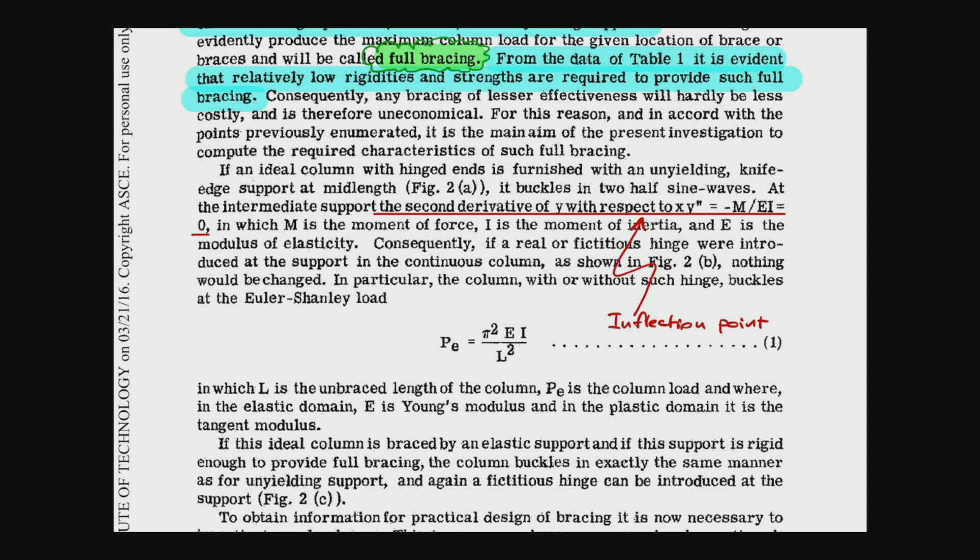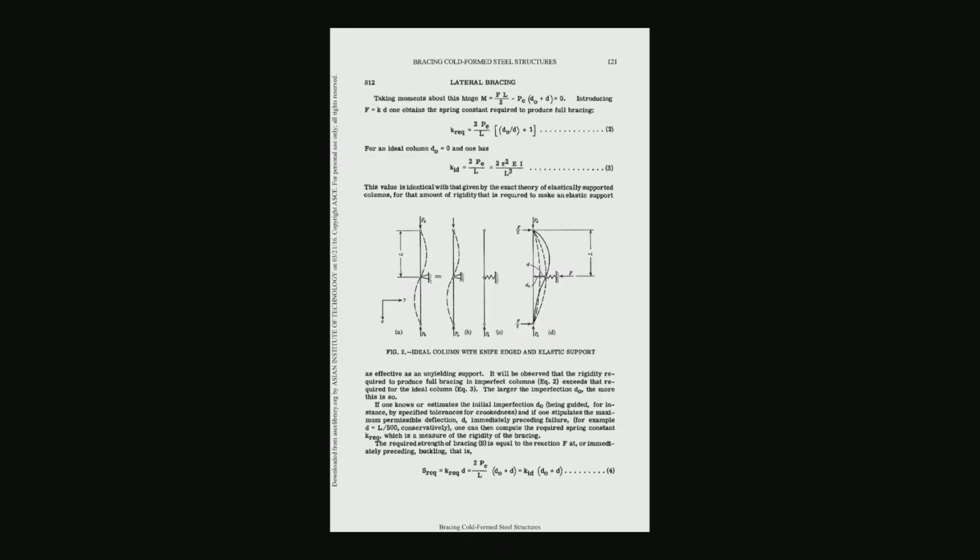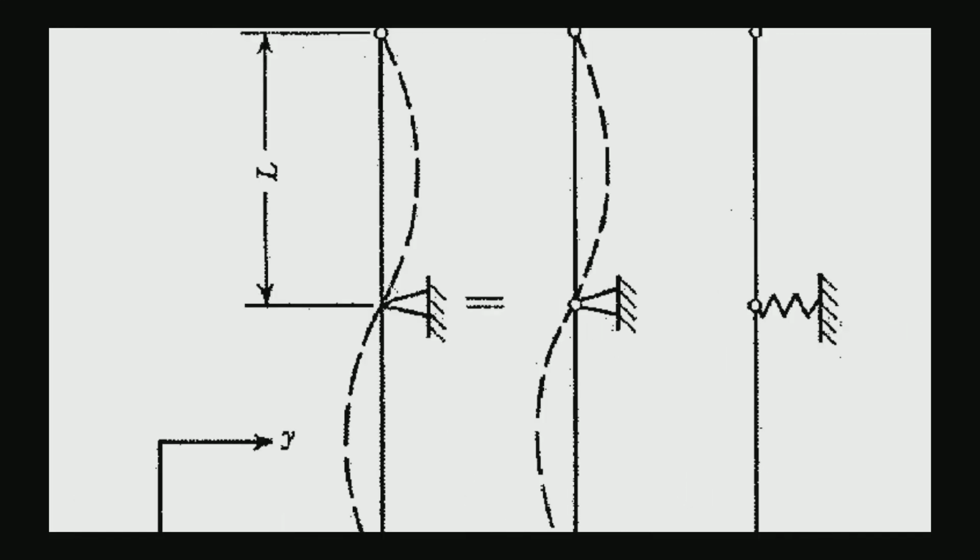Consequently, if a real or fictitious hinge were introduced at the support in the continuous column as shown here, nothing would be changed. Of course, how would it change? Because this is the inflection point.